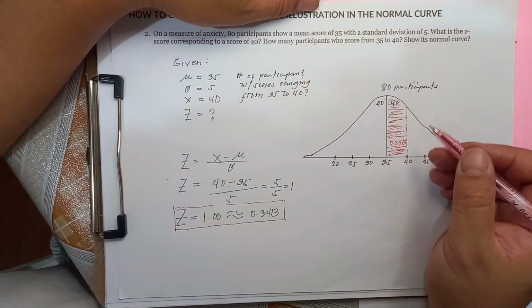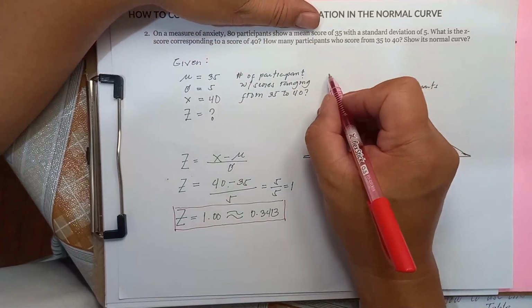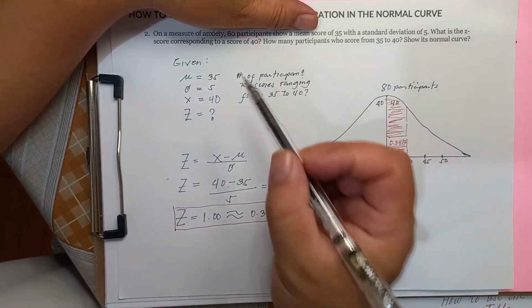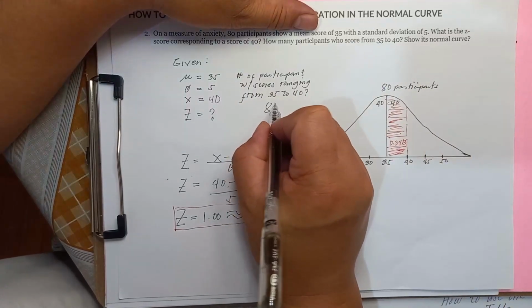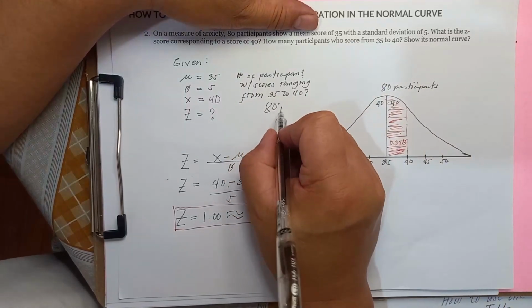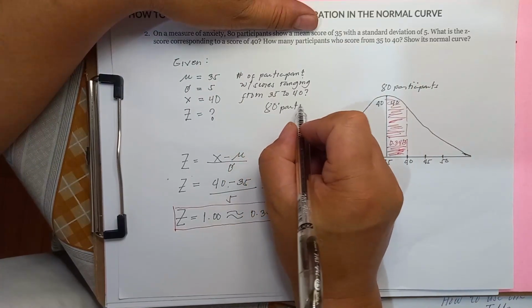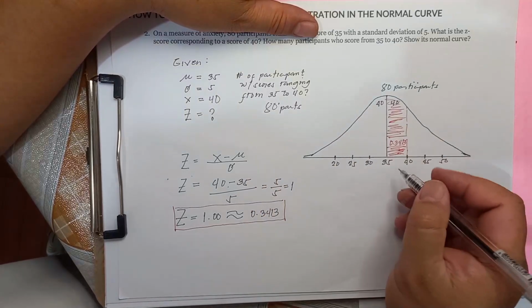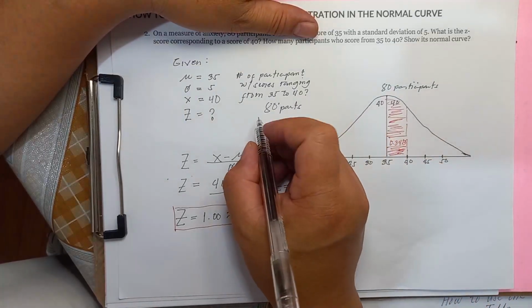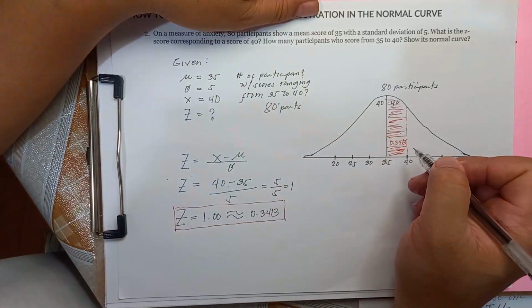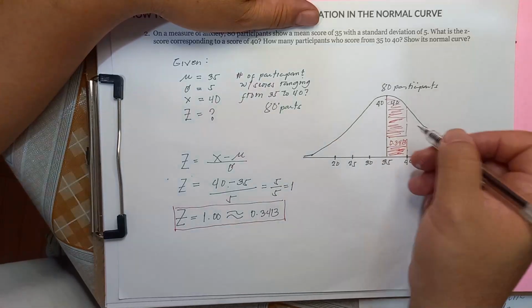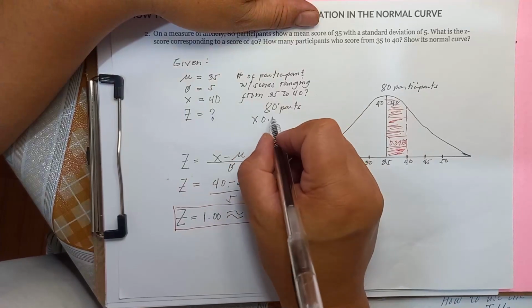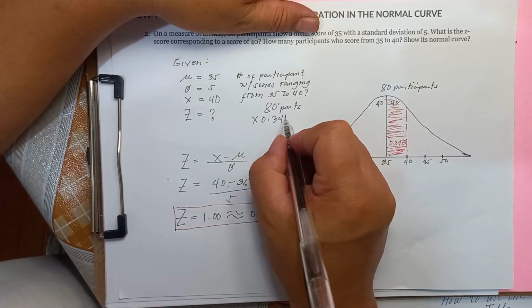So how are we going to do that? Let's write it here. That is the same as 80 participants multiplied by 34.13%, or multiplied by 0.3413.